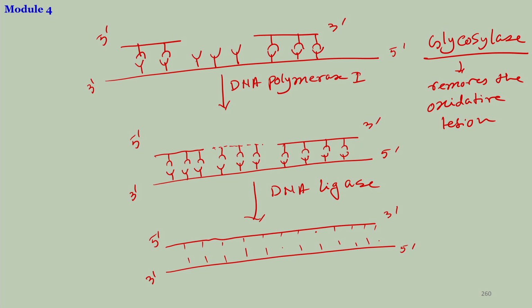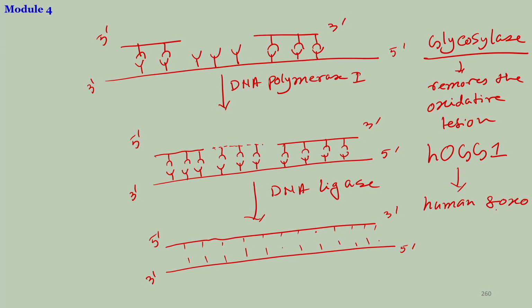One kind of glycosylase that we have, the human glycosylase, has the name HOGG1. There are many glycosylases. So, this is human 8-oxo guanine glycosylase 1.